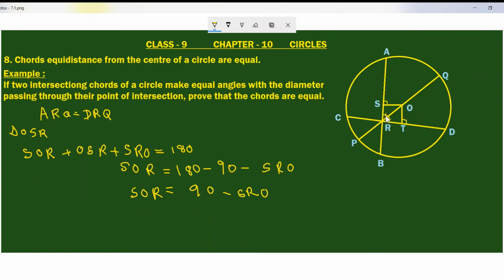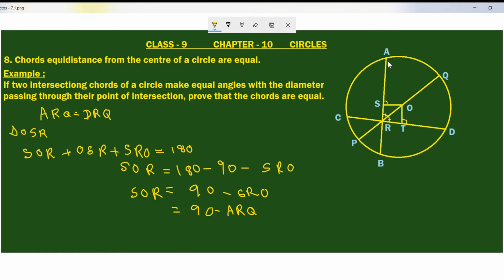You can see this R, this S also lies on the chord AB and O lies on the diameter PQ. So we can write SRO as ARQ as well. So I am going to write 90 minus ARQ instead of SRO.